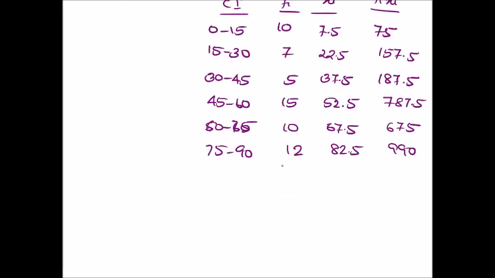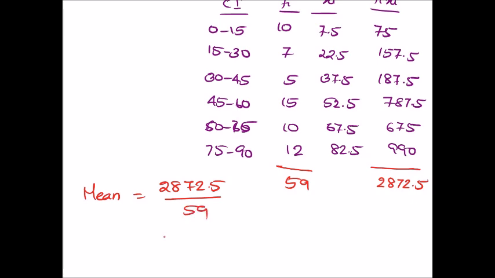Now the sigma fi is 59 and the sigma fi xi is 2872.5. Now mean is equal to 2872.5 divided by 59.